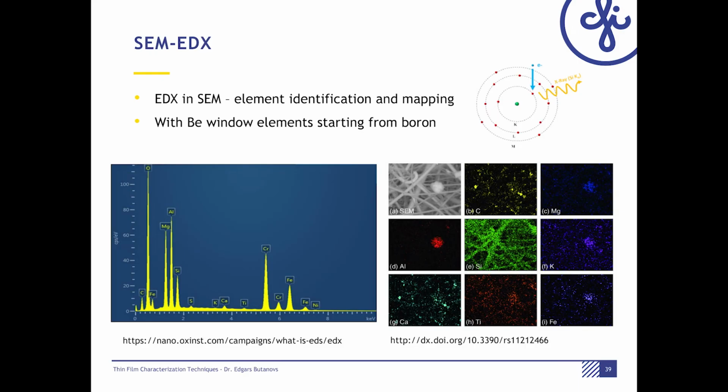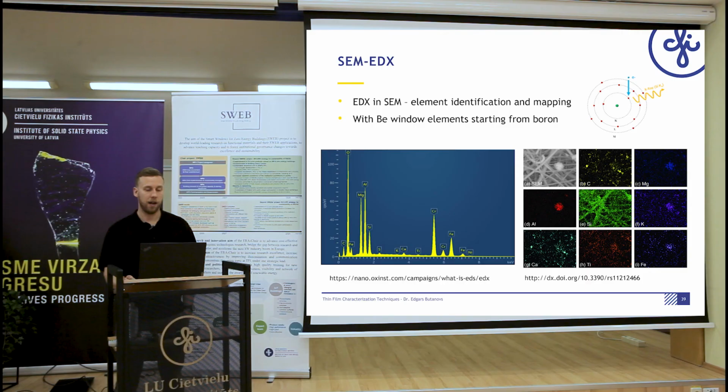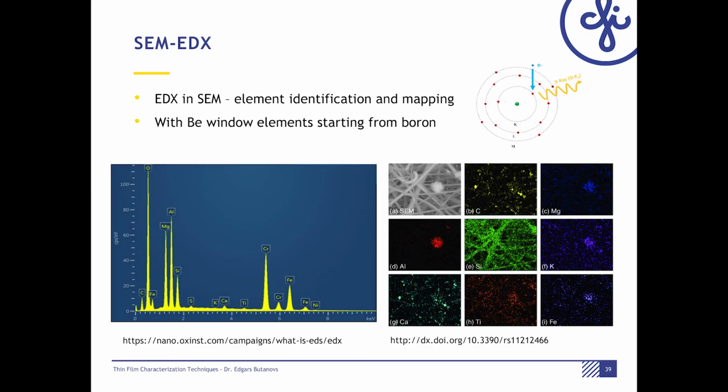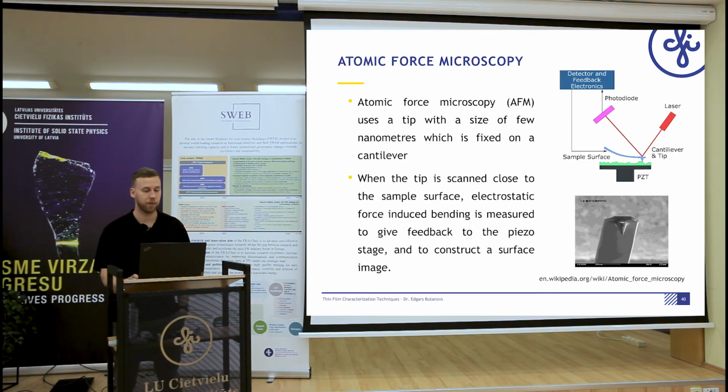And then, similarly, as I mentioned in TEM, SEM tools usually have this EDX tool for element identification and mapping, and usually you can detect elements starting from boron, and as well you can perform mapping to identify where in your sample, especially if it's not uniform, different elements are segregated.